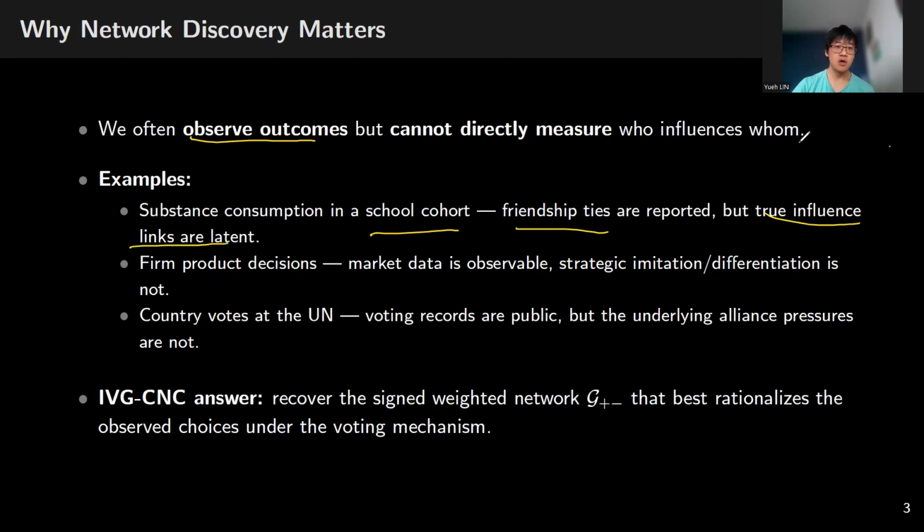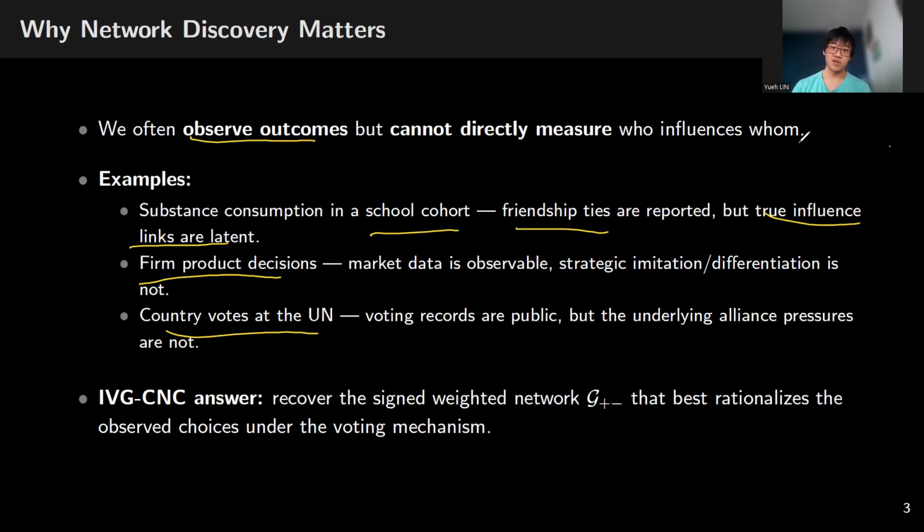Another example, when we look at firm product decisions, we have the market data, which is observable, but whether they are imitating or differentiating themselves from the other companies in the strategic settings is unknown. So it is to be discovered. In the country votes at the United Nations, the voting records are public.